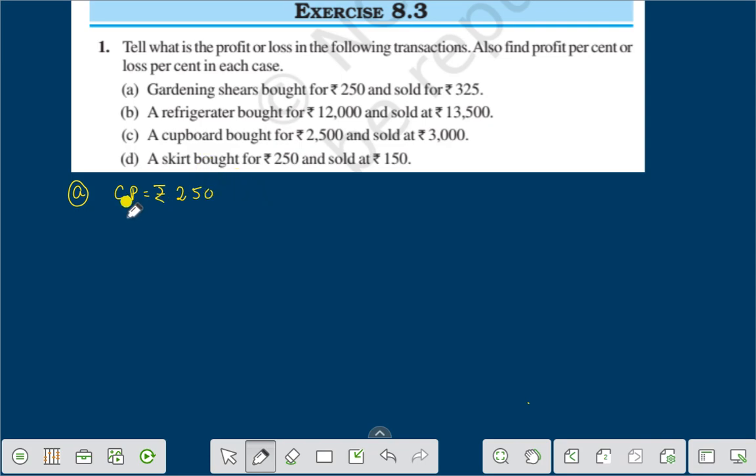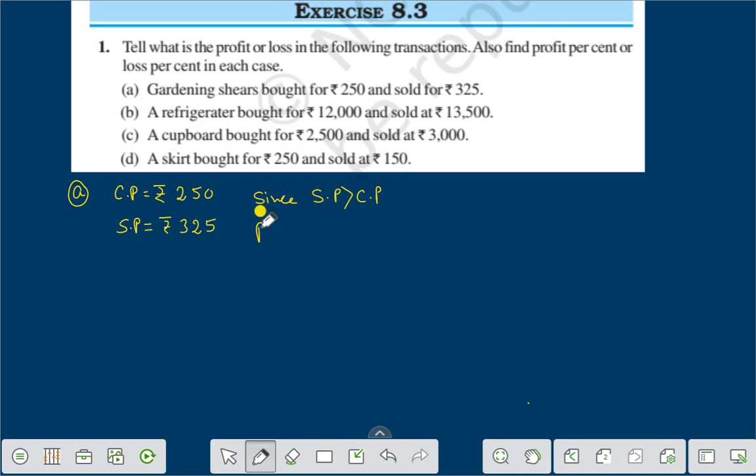Selling price, SP or selling price, is equal to rupees 325. Since selling price is greater than cost price, therefore there is a profit.